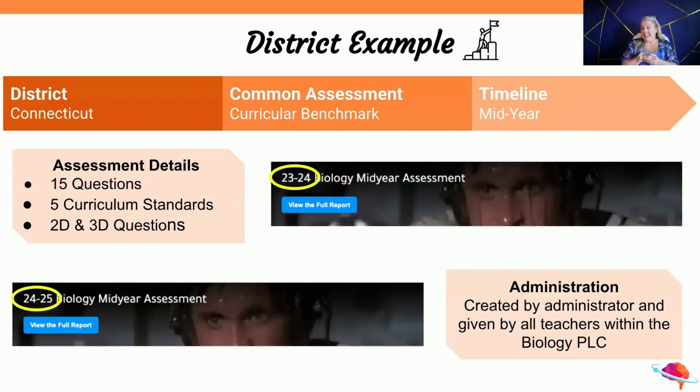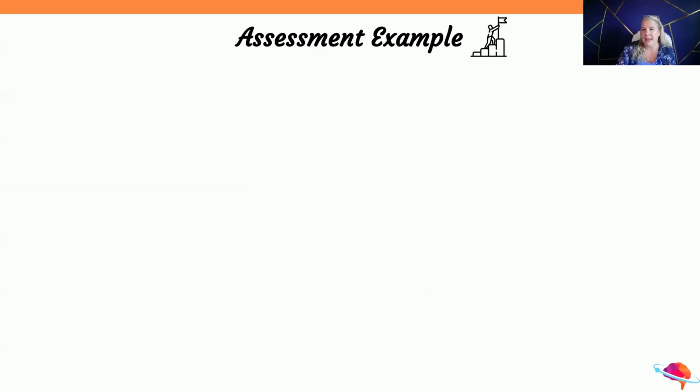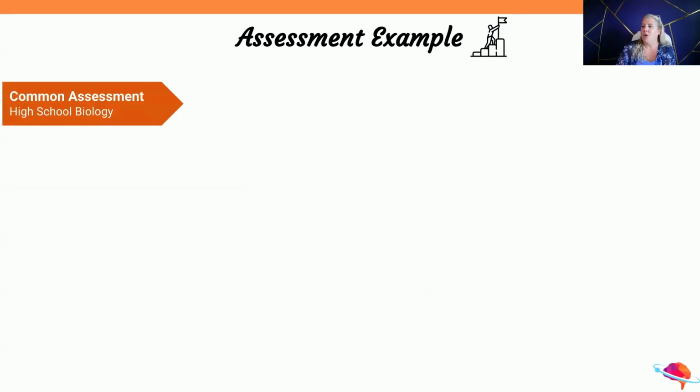How they physically did it is these were actually created by the administrators. Whether it was a science director, a curriculum director, or the head of the science department, they had an administrator building these assessments out, and then it was given by all the teachers within that PLC. To show you a little more of what that assessment actually looked like, we are looking at the high school biology one as an example.